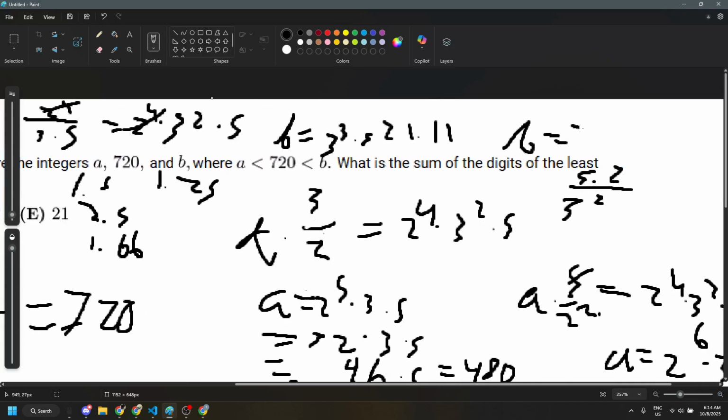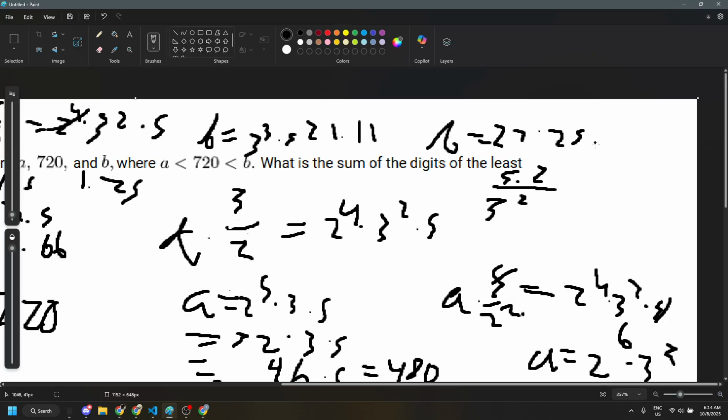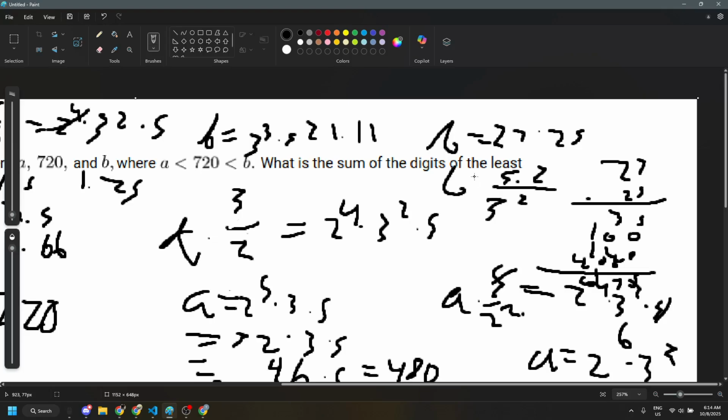B is equal to 27 times 25, which gives me 675.